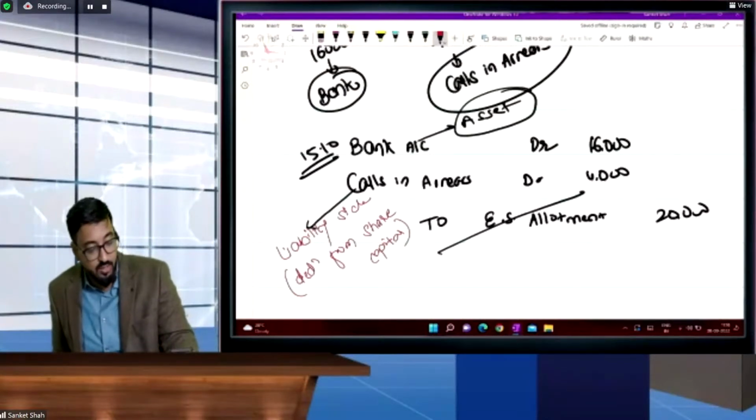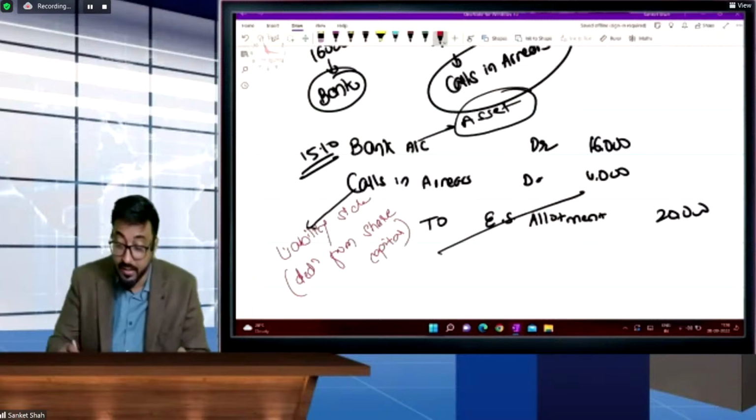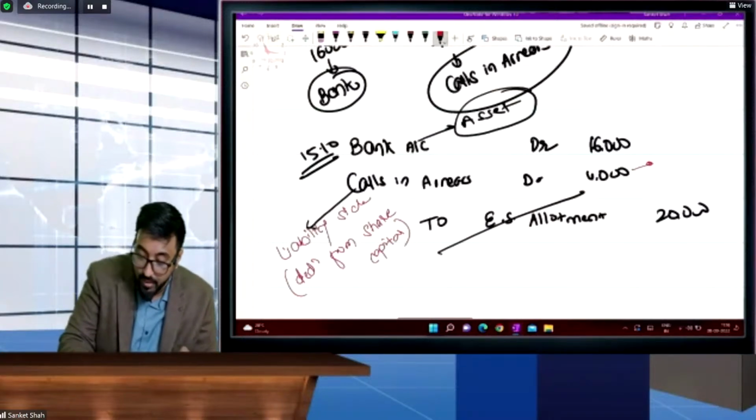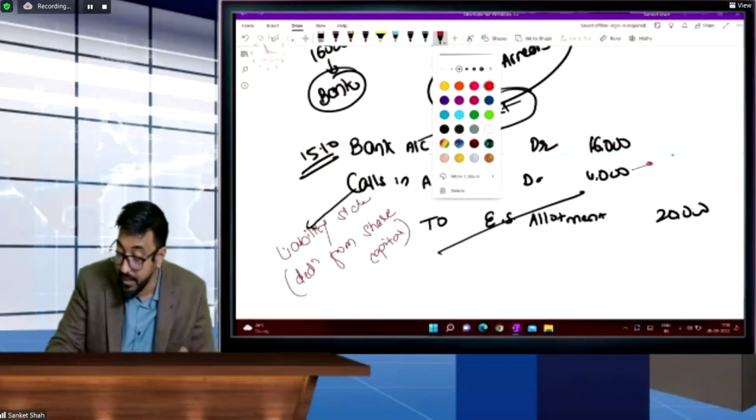Understood, beta? It will be shown on the liability side, but less from share capital because it has a debit balance. Always remember, it has a debit balance.